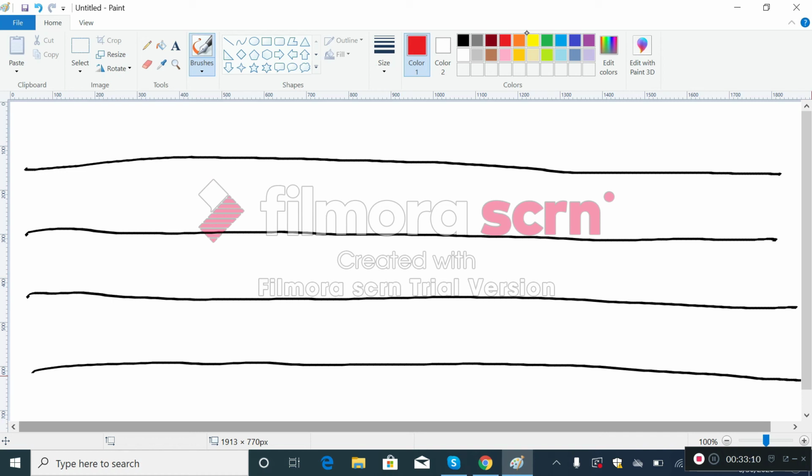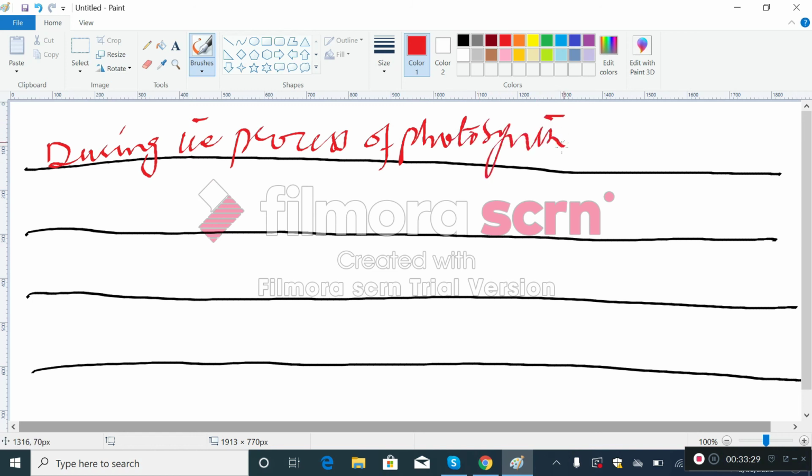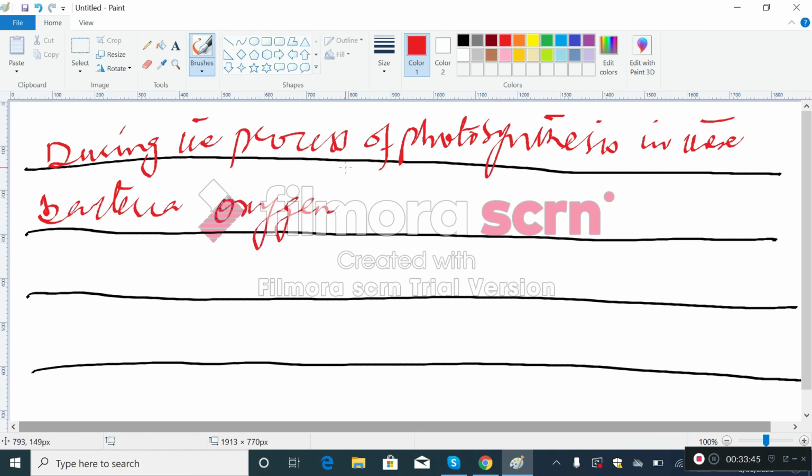So keep in your mind, during the process of photosynthesis in these bacteria, oxygen is produced or released. So this oxygen will destroy.